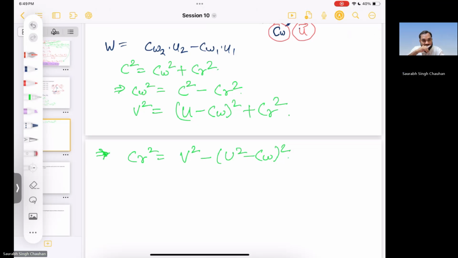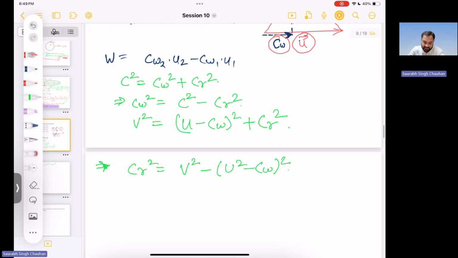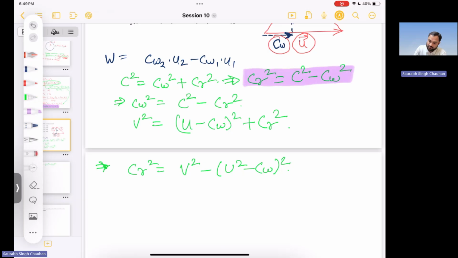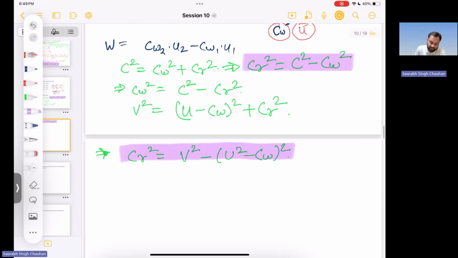And from the first equation, you can write CR square is equal to C square minus CW square. Okay. So now you can compare both of these equations.